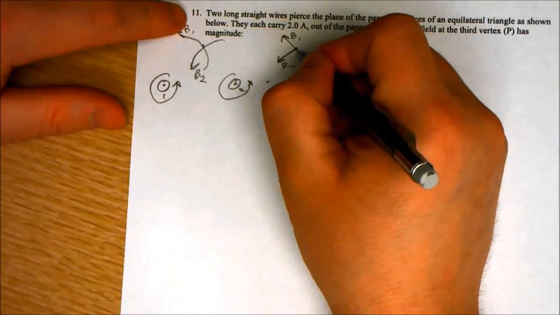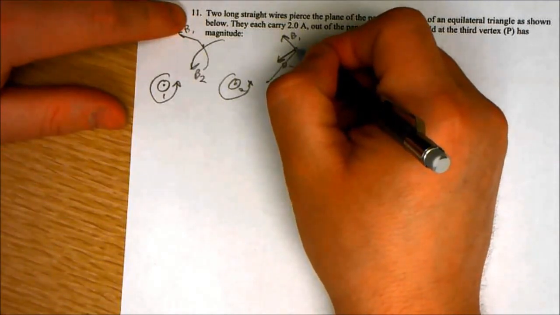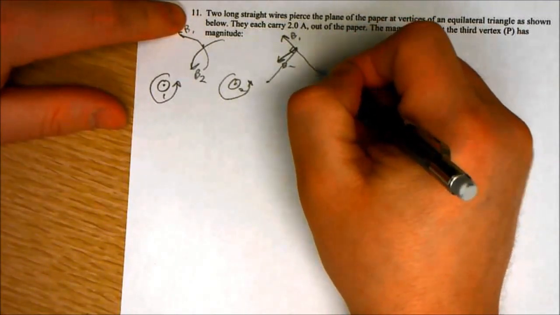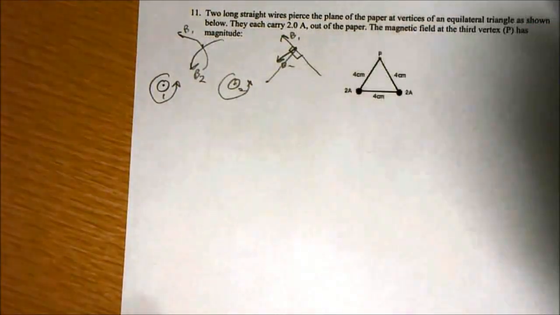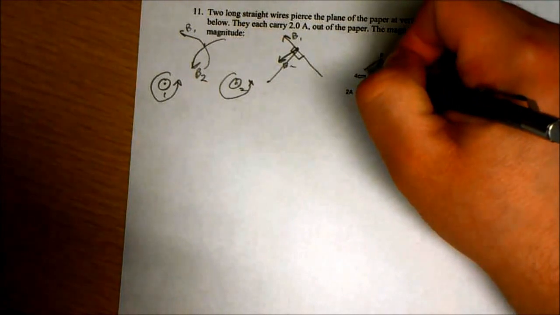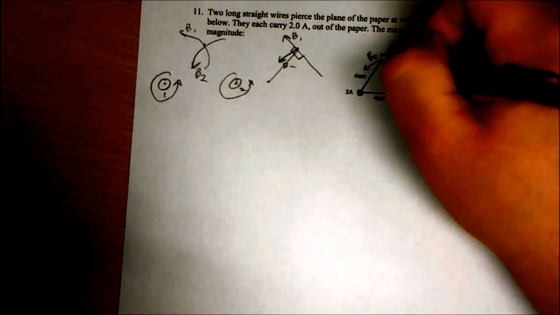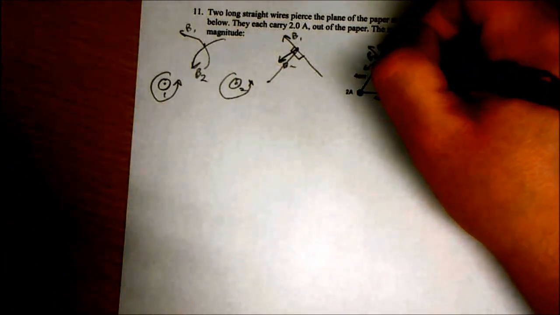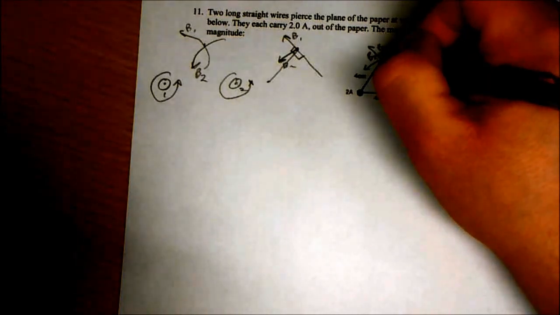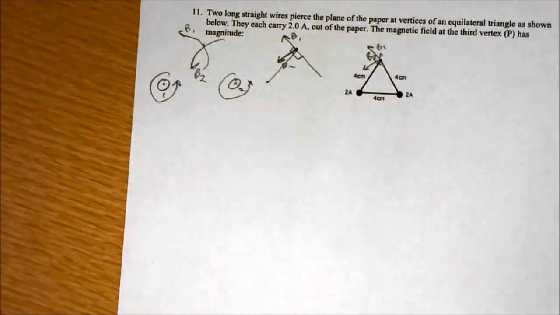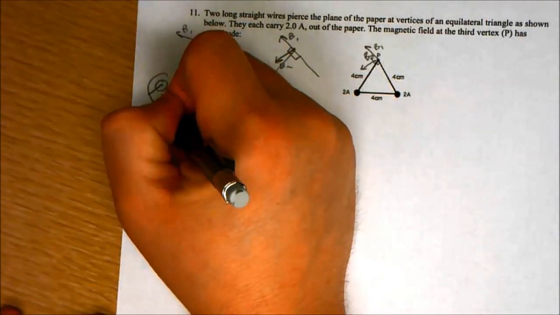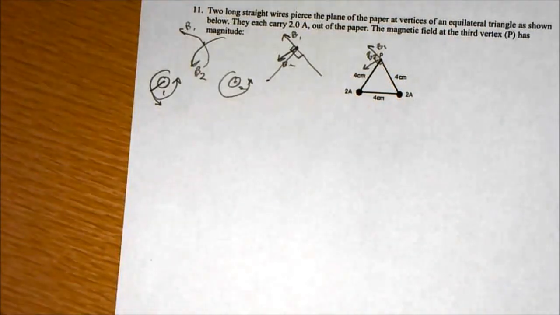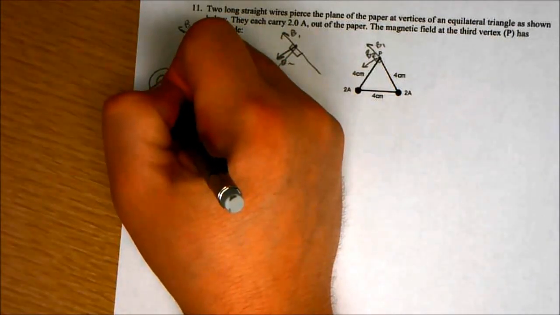And remember that these magnetic fields form a right angle with the straight line distance to the wires themselves. So in other words, B2, B1, because this is a right angle and that is a right angle. That's a property of circles, right? You draw a straight line to a point on the circle, the magnetic field points tangent to that circle, which means it's a right angle.